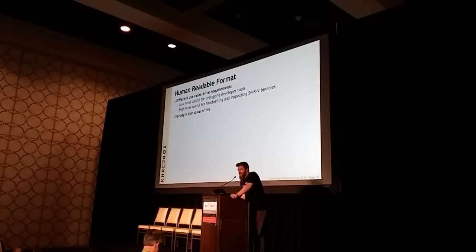So for, say, debugging tools, you want to be able to see that every word within a SPIR-V module is represented exactly how you think it should be. But for use cases like handwriting and inspecting SPIR-V binaries, you might want something that's more high level.